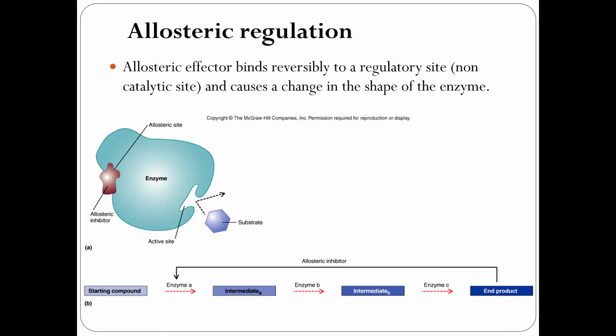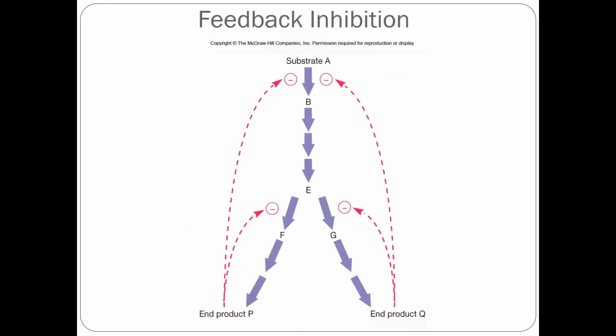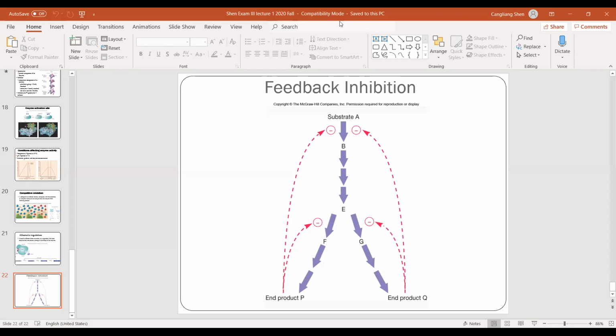We call this an allosteric inhibitor. Now this is another picture that clearly shows feedback inhibition, which comes from the end products. The end products could act on an intermediate product, or they could also affect the beginning substrate. It depends on the situation. Okay, so this is the end of this part, which gave you very brief opening remarks, and more will be drawn on the blackboard.